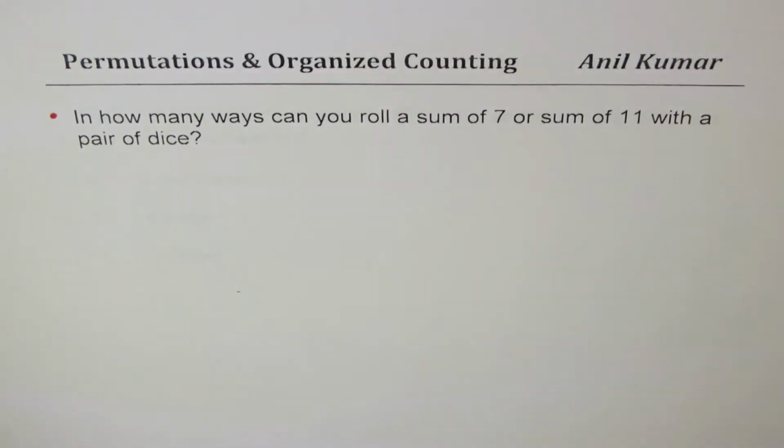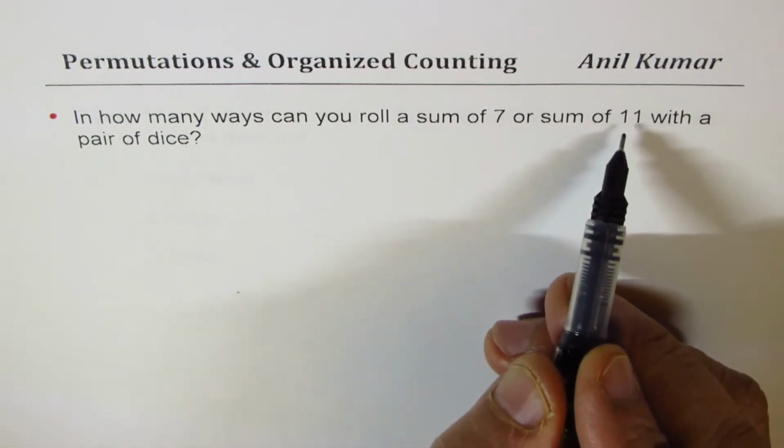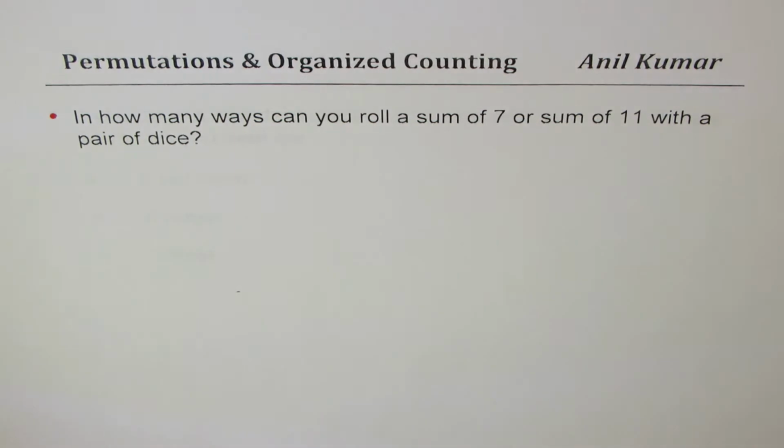Next question here is, in how many ways can you roll a sum of 7 or sum of 11 with a pair of dice? So in such questions, we should actually make a grid, a matrix kind of a thing, and then figure out the answer.